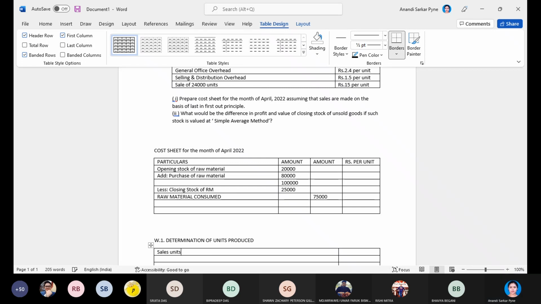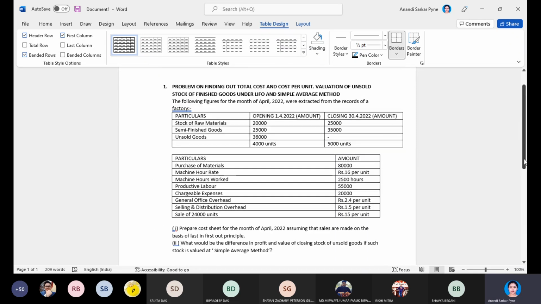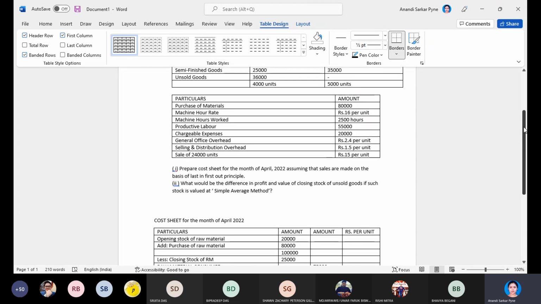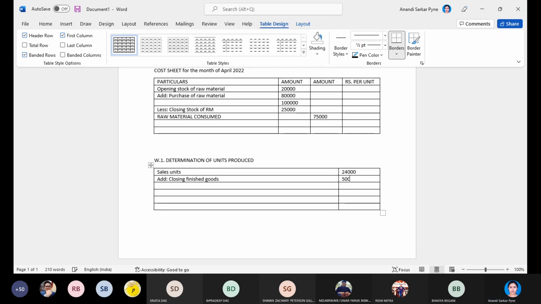Add closing finished goods 5,000, total 29,000, less opening 4,000. So 25,000 is the units produced.